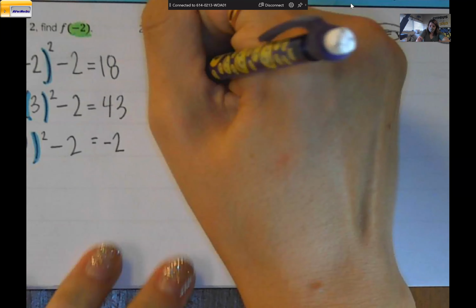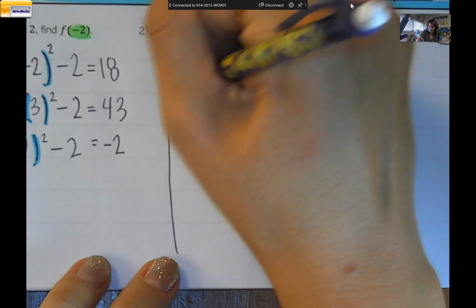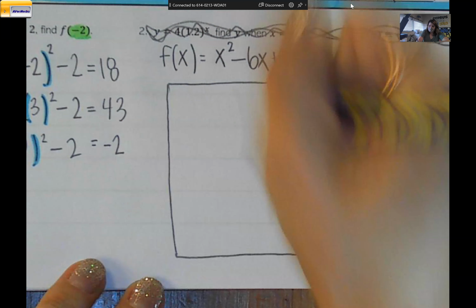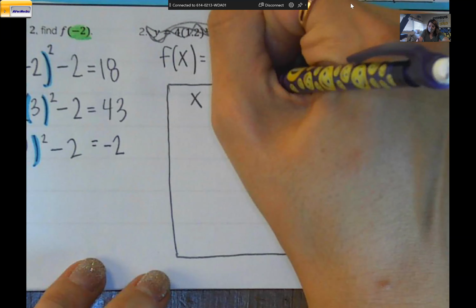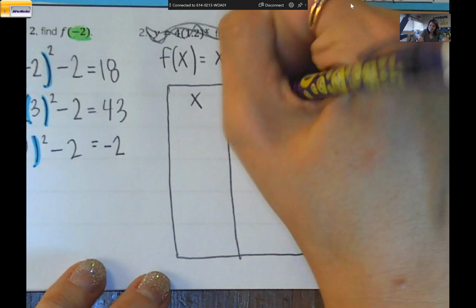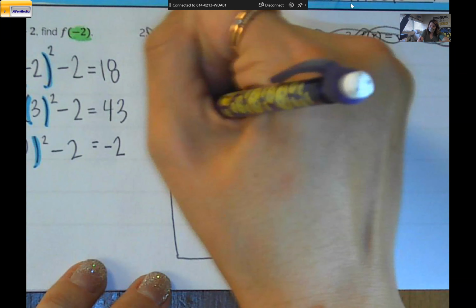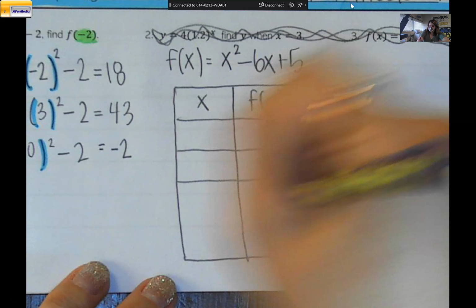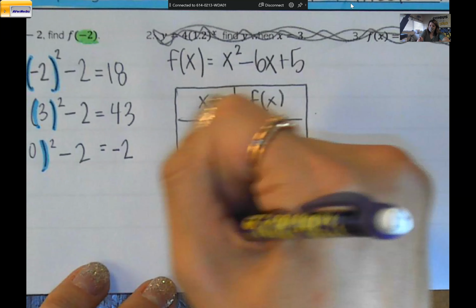And then they're going to make a table. And they're going to say this column is x and this column is f of x. And they're going to have you plug in some values.